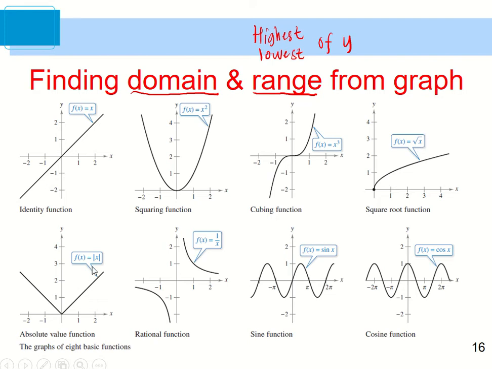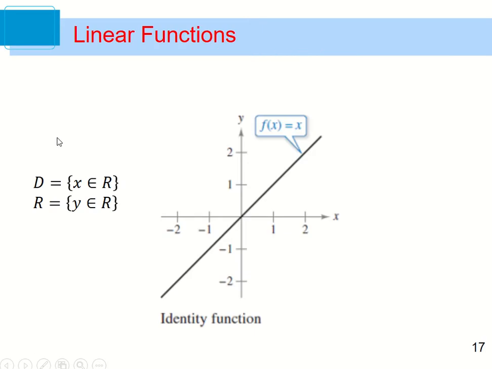The absolute function, f(x) equals absolute of x. The rational function, f(x) equals 1 over x, where x is the denominator. The sine function and the cos function, the trigonometric functions. We are going to discuss these one by one.